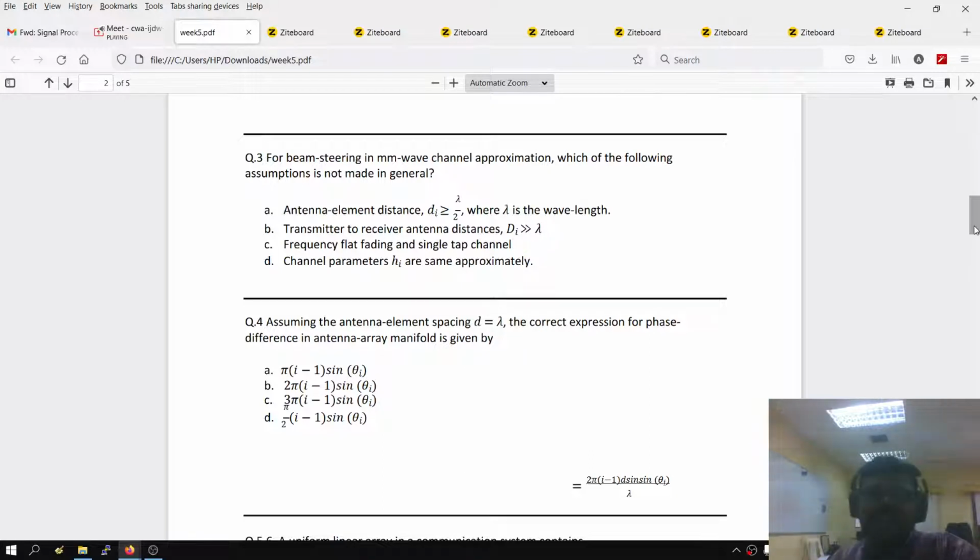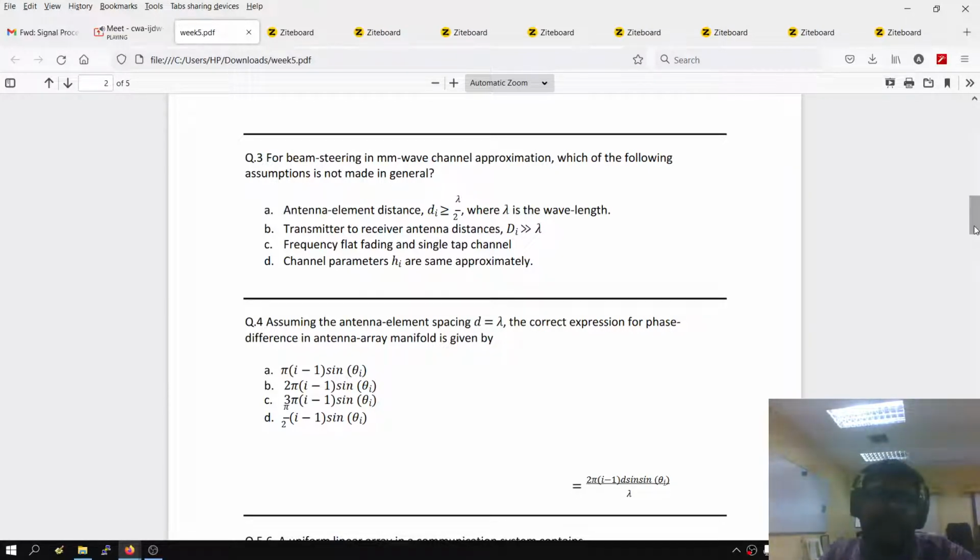This should also be greater than lambda. The RF wavelength cannot be lesser than the distance between the transmitter side and receiver side. So this is also true, and this assumption is already made in millimeter wave.